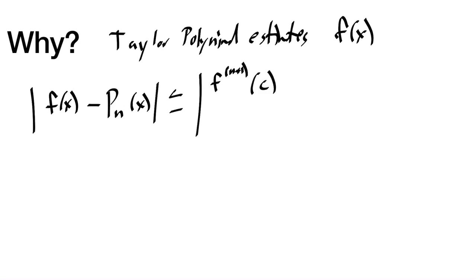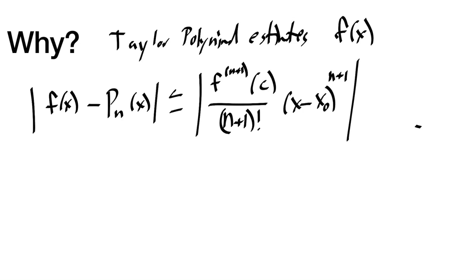So that n plus first derivative evaluated at c over n plus 1 factorial times x minus x naught to the n plus 1. Okay, so this is our bound.